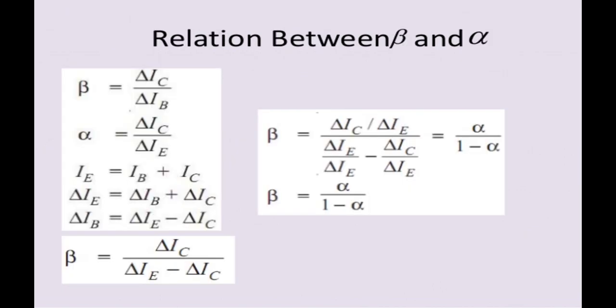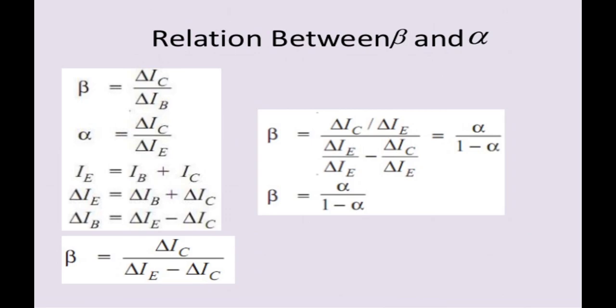Okay, this is the relation between alpha and beta. We already know beta is equal to delta IC by delta IB, and alpha is equal to delta IC by delta IE. What is the definition of alpha? Current amplification factor alpha is the emitter current amplification factor.